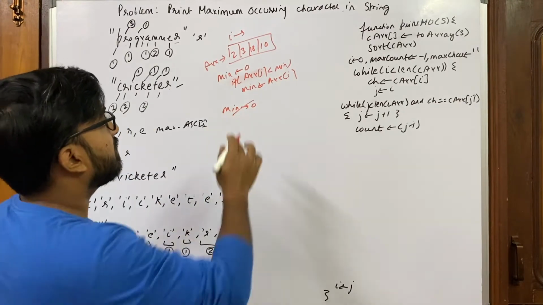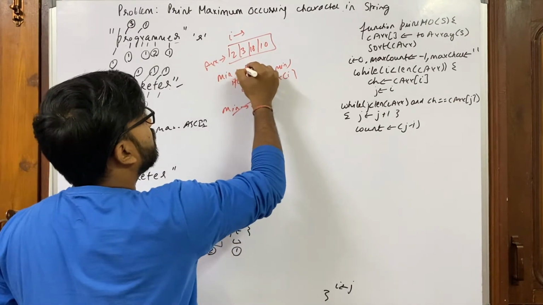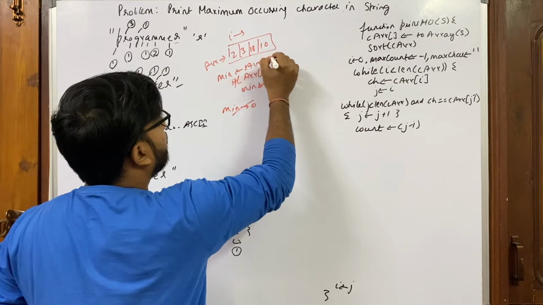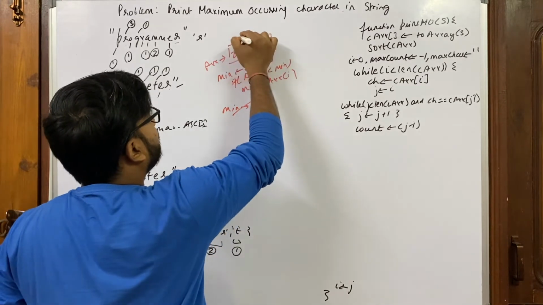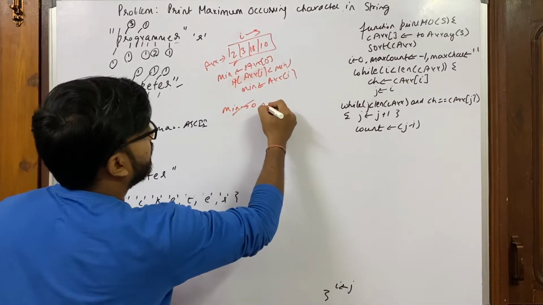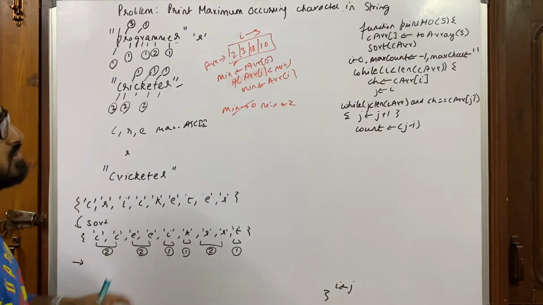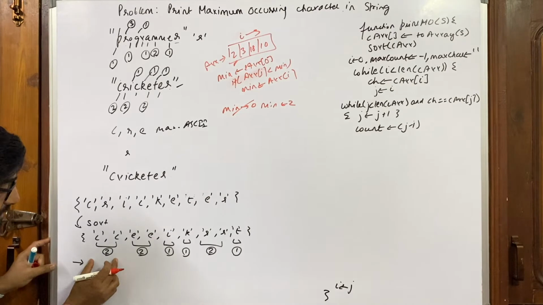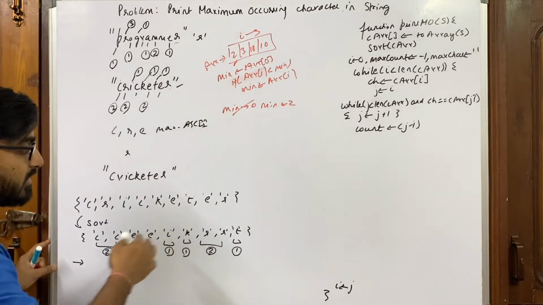So to start comparing, you need to pick up one of the values from this array. So you start comparing from the next one. So min starts with 2 and it remains 2, so you finally get min as 2. That's why we need to find the count of the first character so that we can compare the count of the other characters with this.